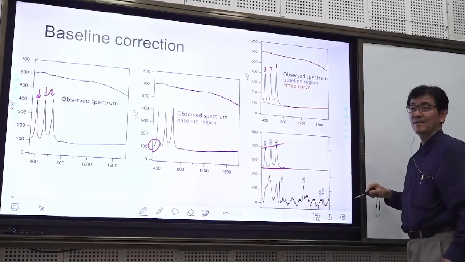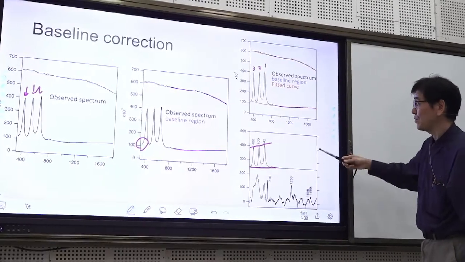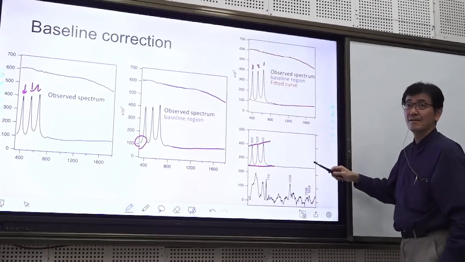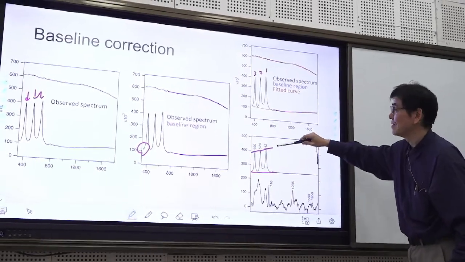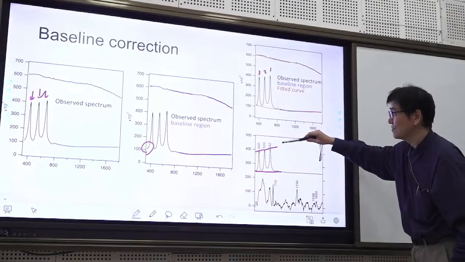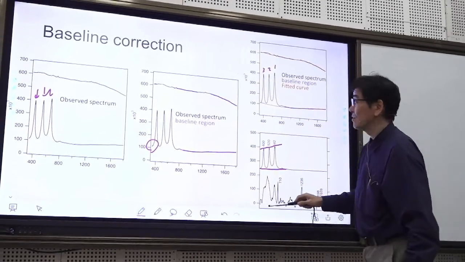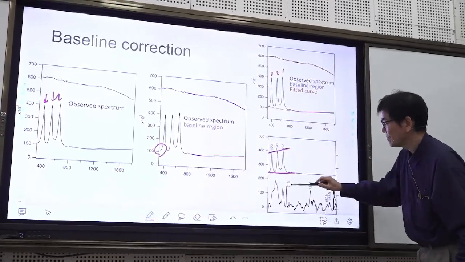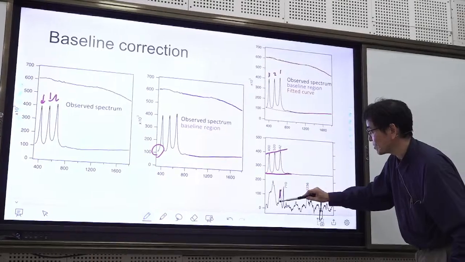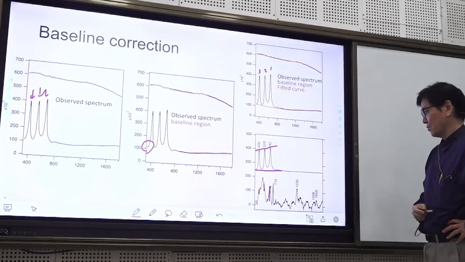So after that, the one below. Oh, okay. These two are different: this spectrum and the spectrum above. You mean the intensity of this peak, this peak and this peak? Yes, sir.